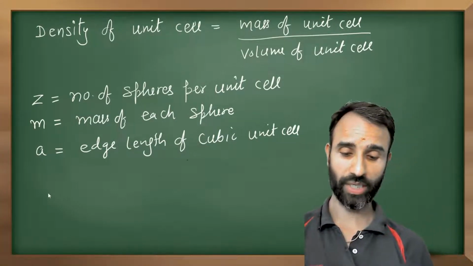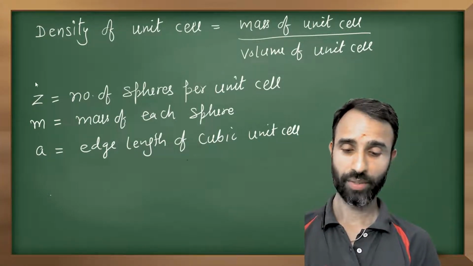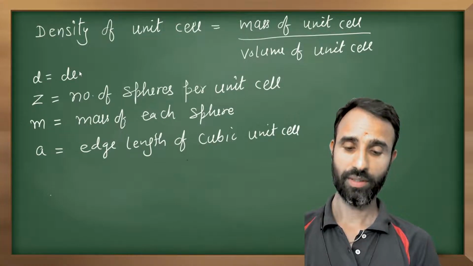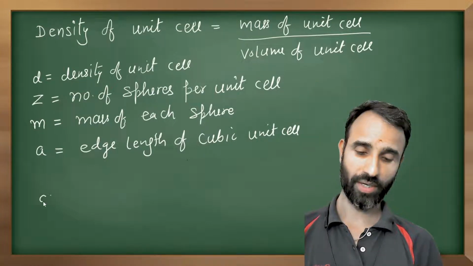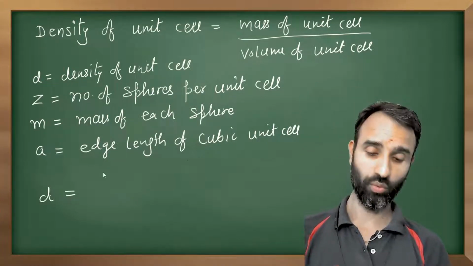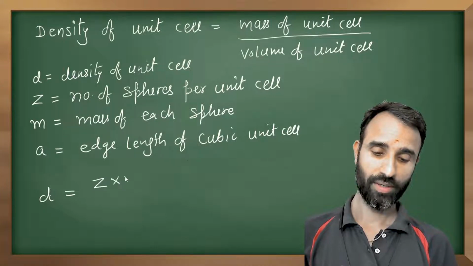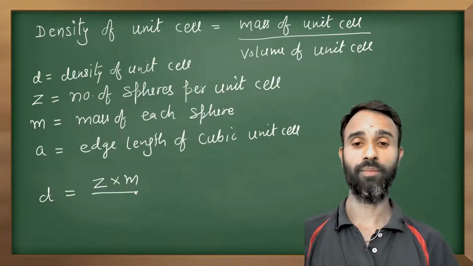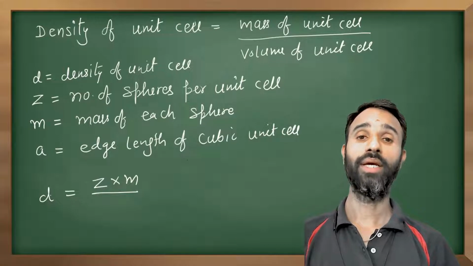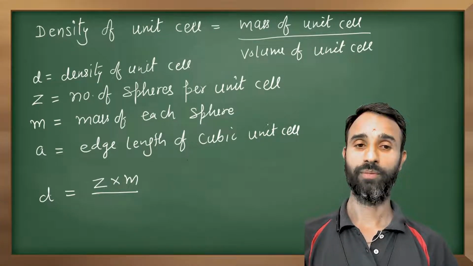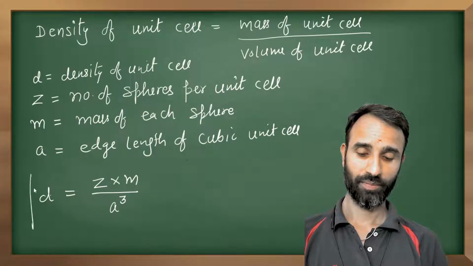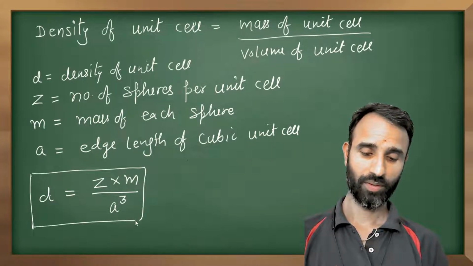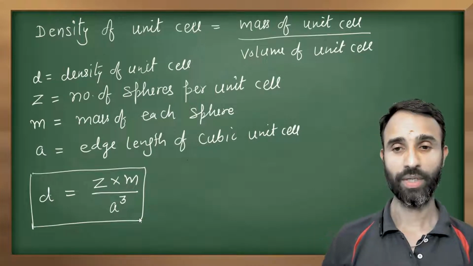So if we denote density by small d, d is density of unit cell, then d is equal to Z into small m divided by a cube. So this is the relation.